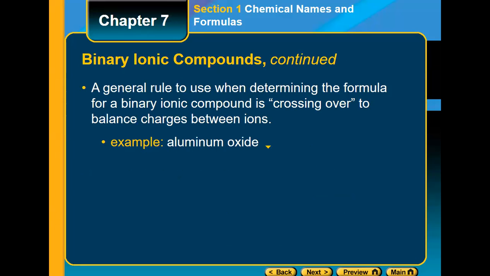Aluminum oxide, and oxygen is O. So the valence of aluminum: if you check the electron configuration, you're gonna find that aluminum has 3 electrons in the outermost energy level, so they are easily lost during the chemical reaction, so its valence equals 3. While oxygen has 6 electrons in the outermost energy level, so it should gain 2 to fill its outermost energy level, so its valence equals 2.